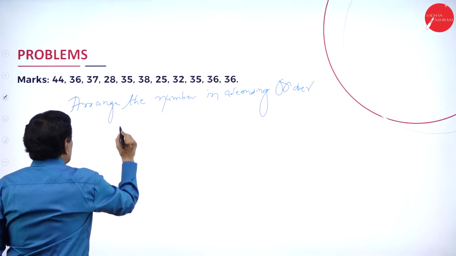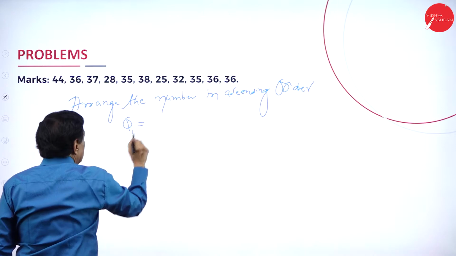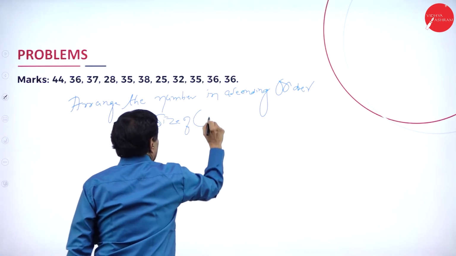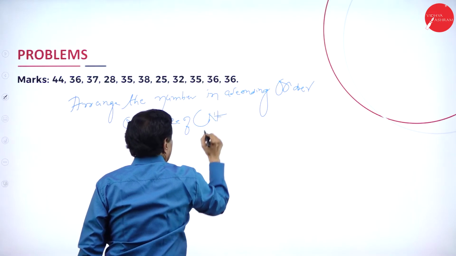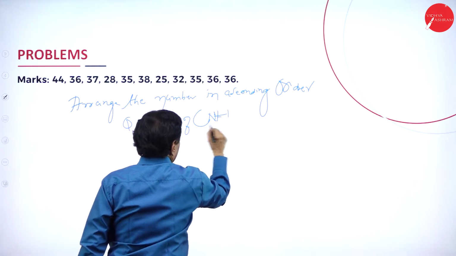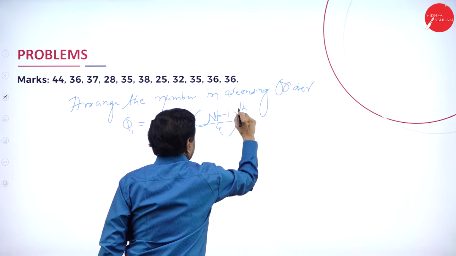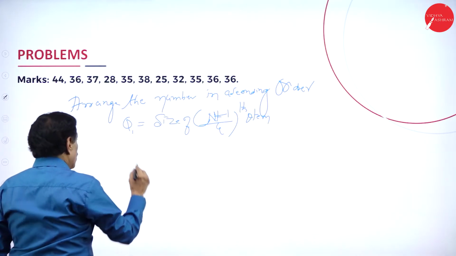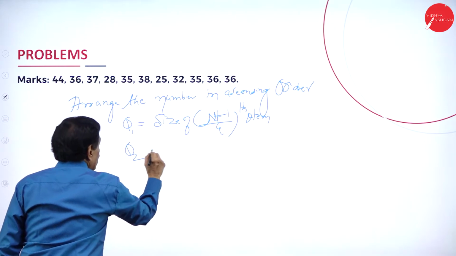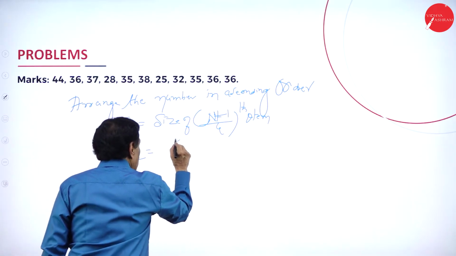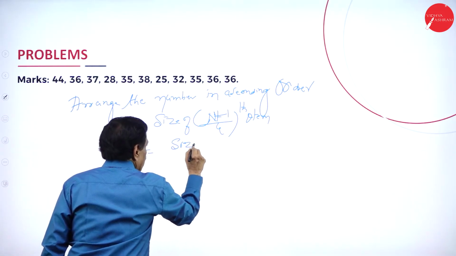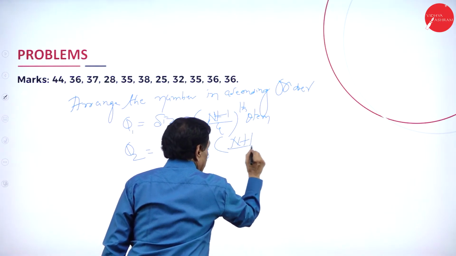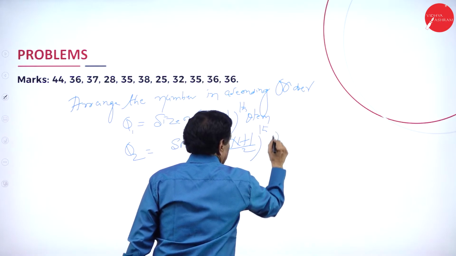Then apply the formulas. Q1, the first quartile, is the size of the (n plus 1) divided by 4th item. Then for Q2, you have to find the size of the (n plus 1) divided by 2th item.